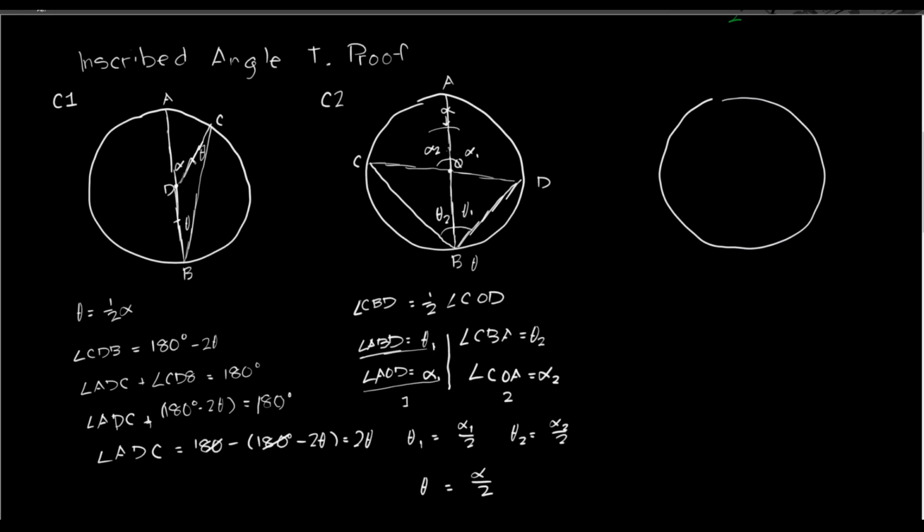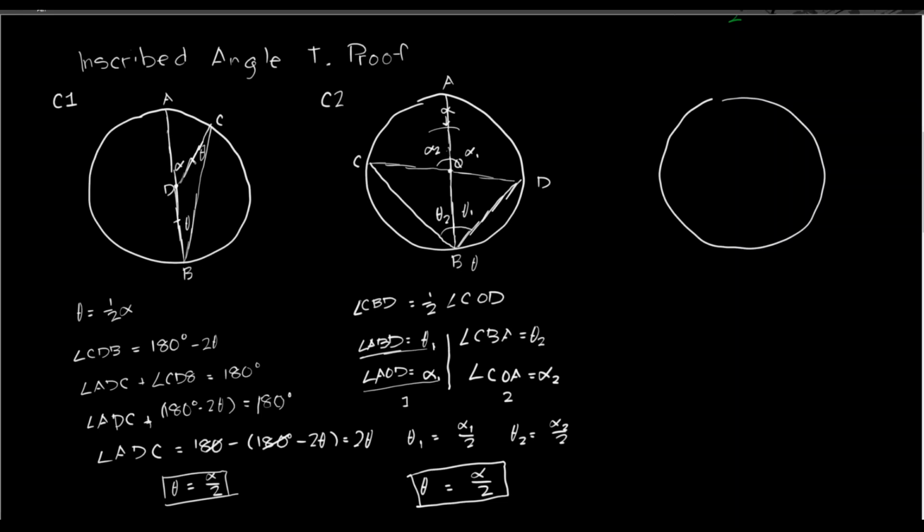So therefore, just by referring back to our first case, we can see that the second case must be true as well. So we have proven the fact that theta is equal to alpha over 2. I guess we should write it back down here. If angle ADC is equal to 2 theta, theta is equal to alpha over 2 as well.